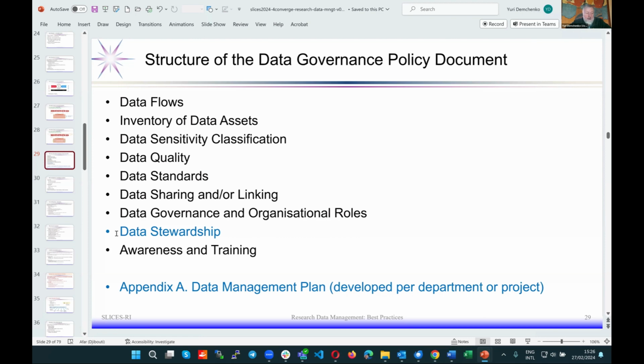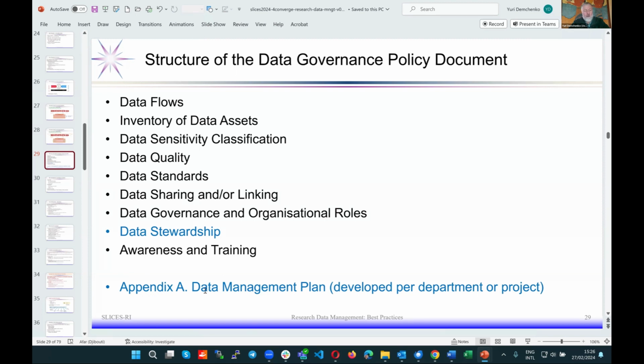So modern style, modern technologies, and an organizational approach require defining data stewardship as an explicit role. And a data management plan is an appendix, typically an addendum to the data governance policy.